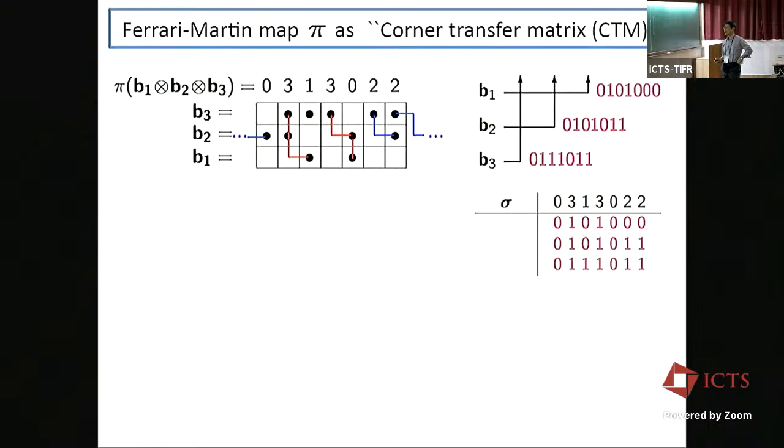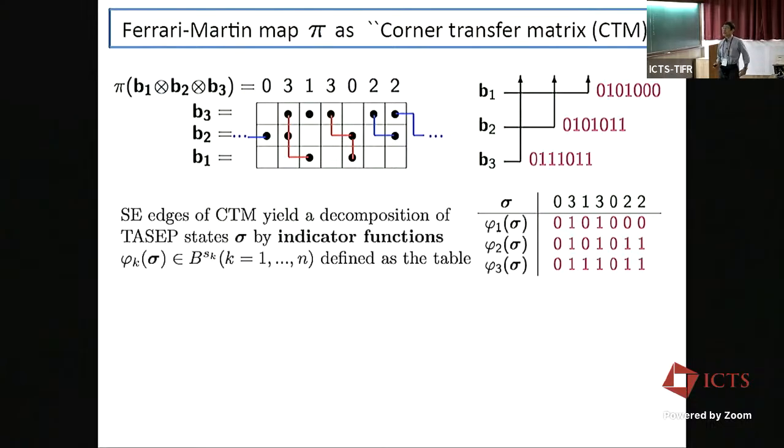So this TASEP, local TASEP states are nothing but the height of the sequence 1 filled from the bottom. Namely, the southeast wedge of the corner transfer matrix. I would call it a corner transfer matrix, according to Rodney Baxter. The southeast edge of the corner transfer matrix is the decomposition of the TASEP state sigma by indicator functions. What is an indicator function?